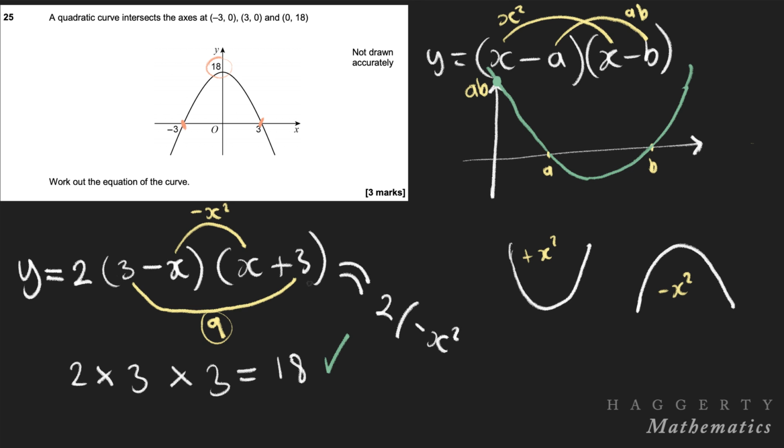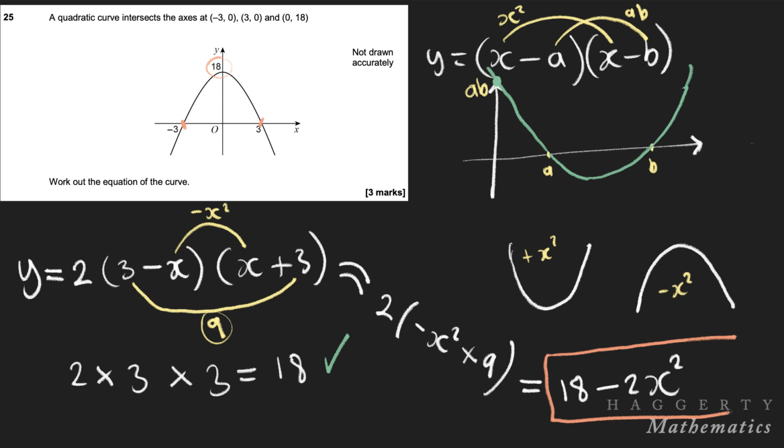And then you get the 3 times 3, which is going to be plus 9. So you get 2 lots of all of that. And then 2 lots of 9 is going to be 18, and 2 lots of minus x squared is minus 2x squared, right? So this right here is probably the simplest way of writing the final equation of the curve. So that's equal to y, and that concludes this question.